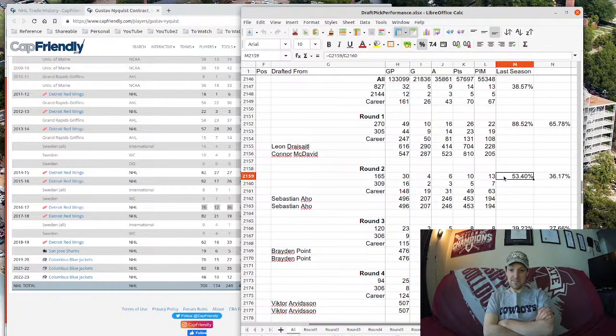Odds of making the NHL are not that high. And if they do, their performance equally is not very high. So really, GMs shouldn't really care about trading away their draft picks, except for the first round.